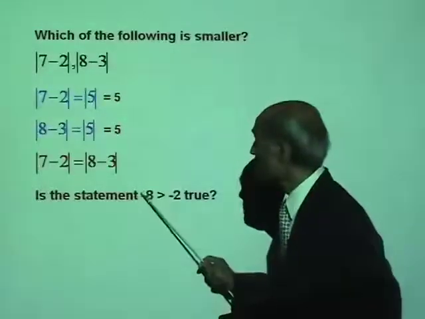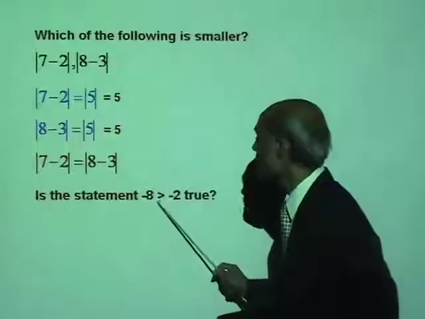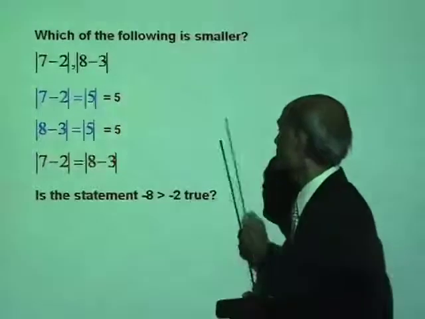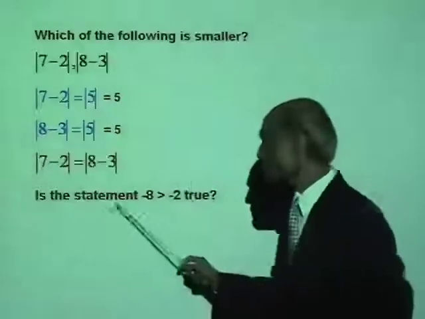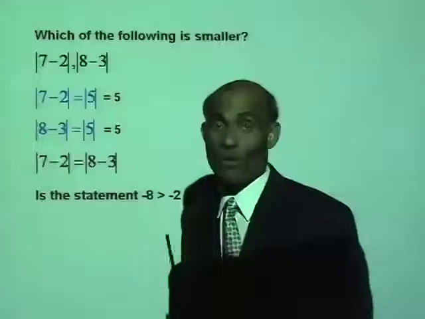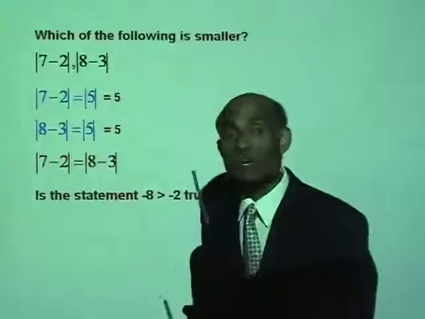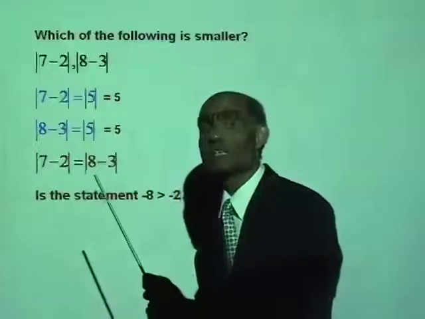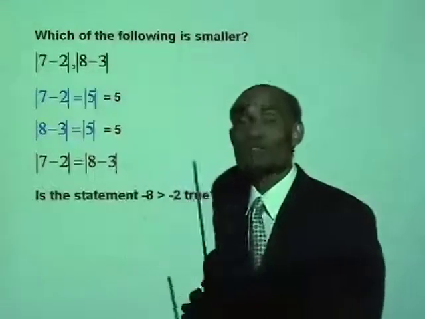Is the statement negative 8 greater than negative 2 true? Is this statement true? Well, always a greater number comes to the right. A smaller number comes to the left.